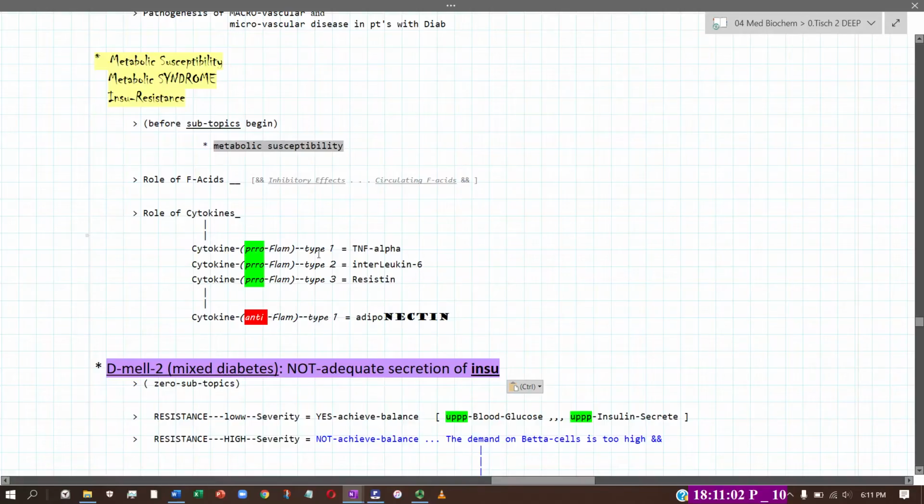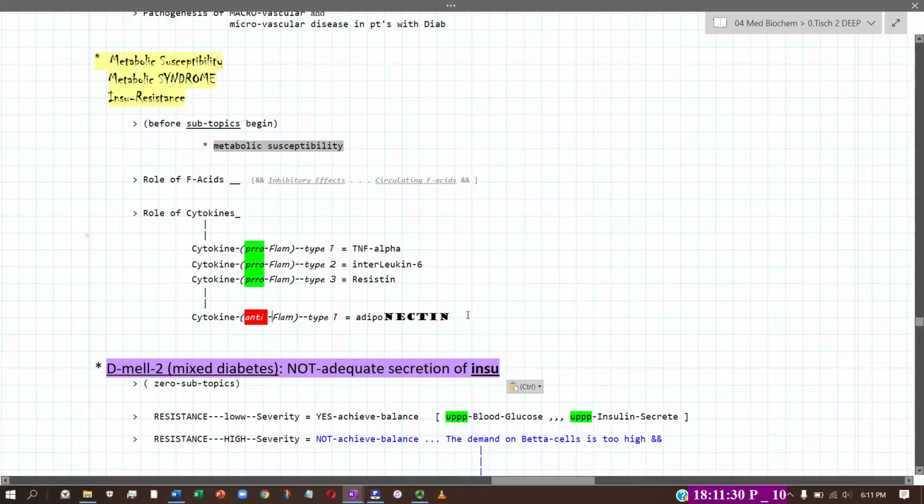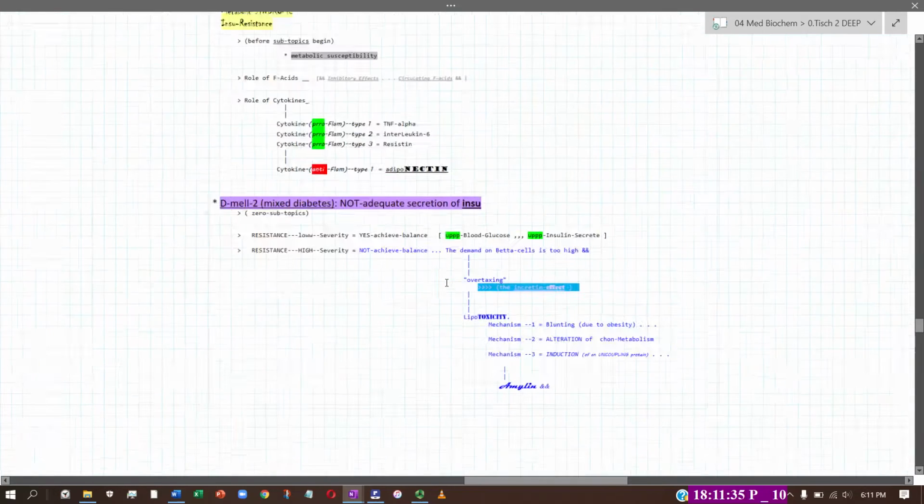Anyway, there are three types of pro-inflammatory cytokines: TNF alpha, interleukin 6, and resistin. More notes are pending in relation to this. And then there's one type of anti-inflammatory cytokine presented in the notes, and it's called adiponectin. Cool. Whew, we're almost done.